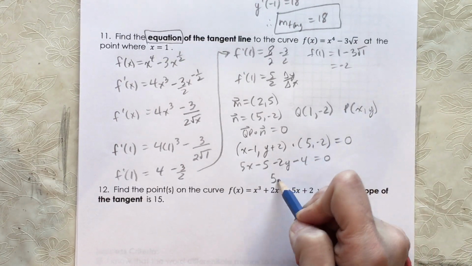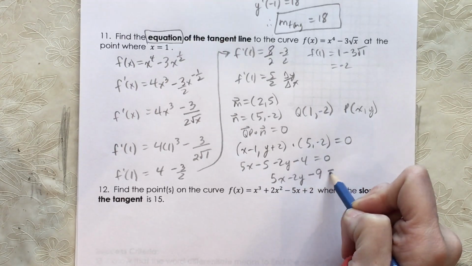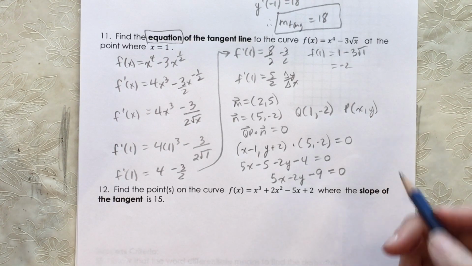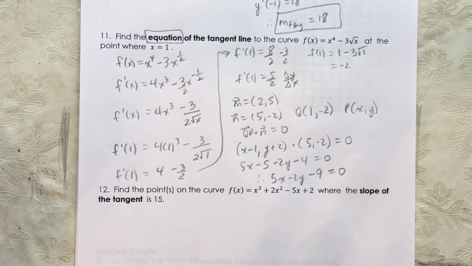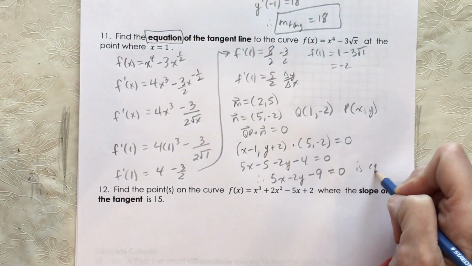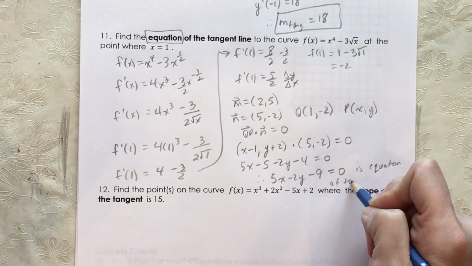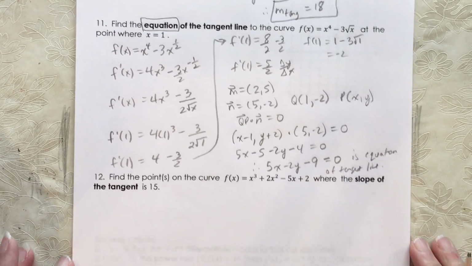So we end up getting 5x minus 2y minus 9 equals 0. Okay? And that's the equation in standard form. So just add a little therefore, and we've got our equation of tangent line. Okay, our next question.